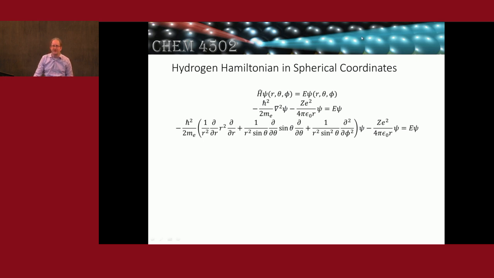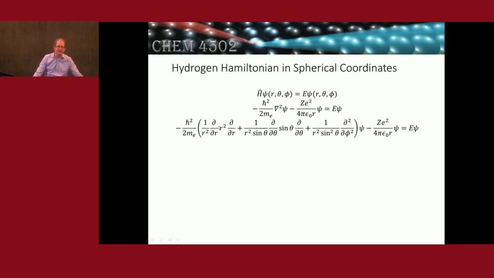All right, so what we have in the first line is H psi equals E psi. That's the Schrodinger equation. We then substitute in the kinetic and potential energy operators for our Hamiltonian. And when that operates on the wave function psi, we get the energy times psi. And then now we're going to take that Laplacian, del squared, and convert that into spherical coordinates.